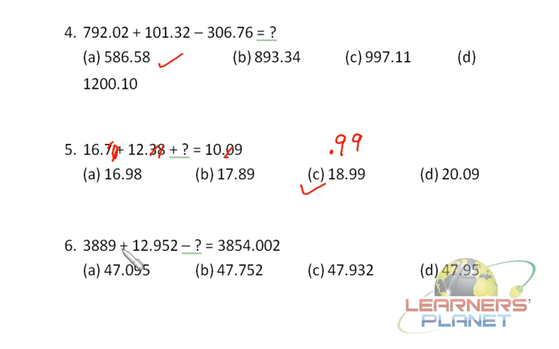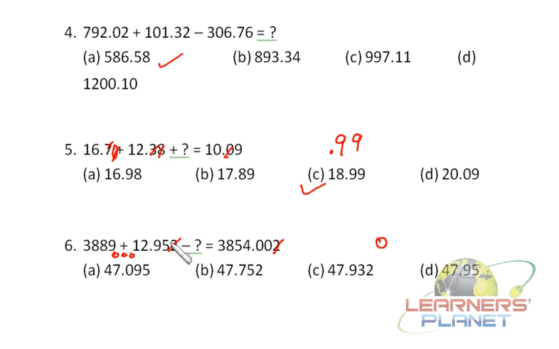Similarly, in this question, it is 3889 plus 12.952 minus dash is 3854.002. Now there is no decimal in this number. So let's begin to calculate from the decimal side. It's 0, 0, 0 suppose. So it's 2 minus 2. So it's 0.